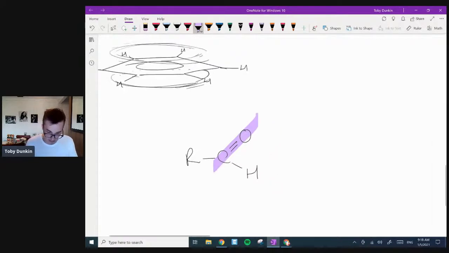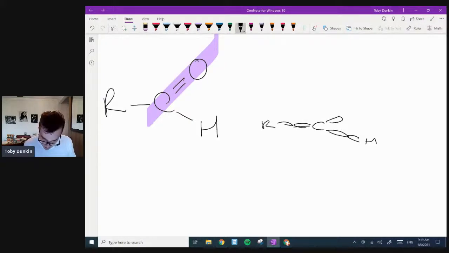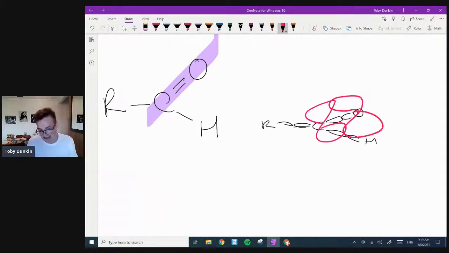The reason being is you have a sigma overlap to that H, a sigma overlap to that R, and a sigma overlap to the O, but we also have a delocalized pi system. The carbon has its p, and the oxygen has its p. And that flattens it off.